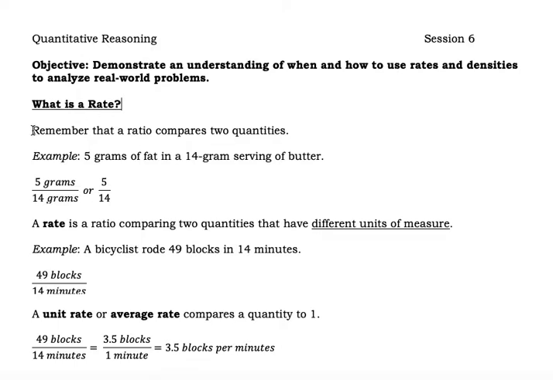So remember that a ratio compares two quantities. And the thing about a ratio is that these two quantities are measured in the same way. They're expressed using the same units. For example, in a scenario from quiz 1 that you recently completed, there's 5 grams of fat in a 14-gram serving of butter.